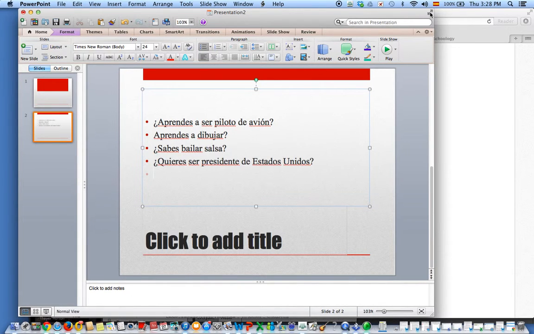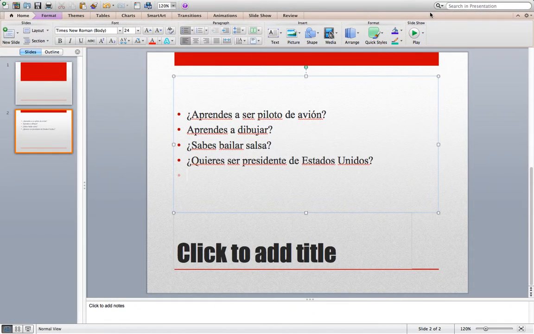So first we have, the first one says, ¿Aprendes a ser piloto de avión? So it's saying, are you learning to be an airplane pilot? This is just like the last ones we talked about, right? So I might say, sí, aprendo a ser piloto de avión.